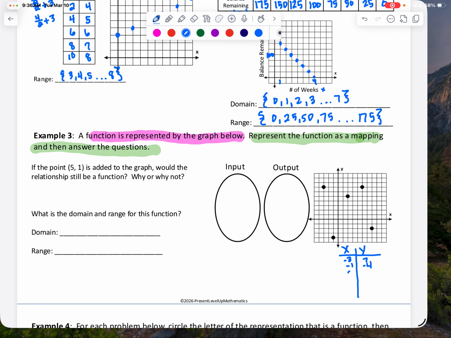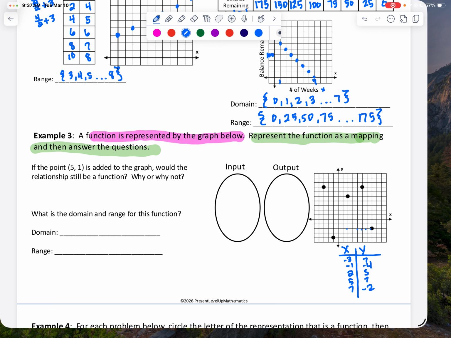Then 2, 1, 2, 3, 4, 5. Then 5, 1, 2, 3, 4, 5, 7. And 7, 1, 2, 3, 4, 5, 6, 7. And -2. All right, so those are the values we're going to use to create our mapping.